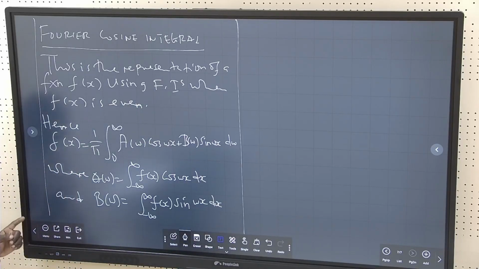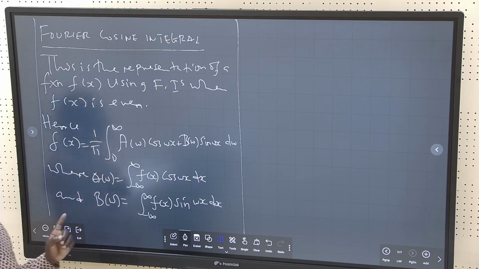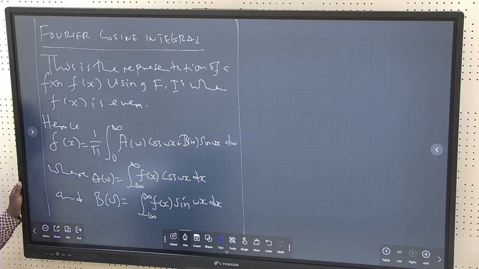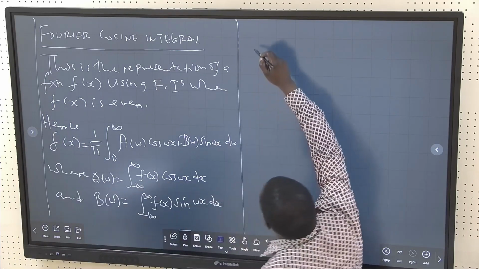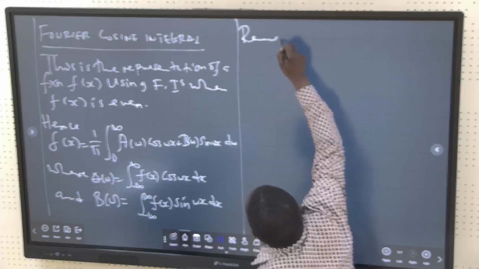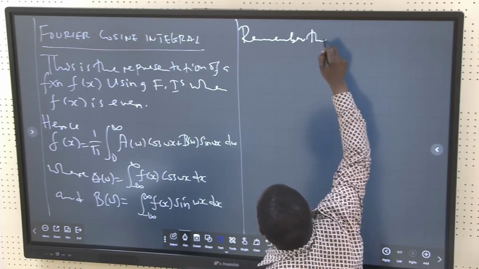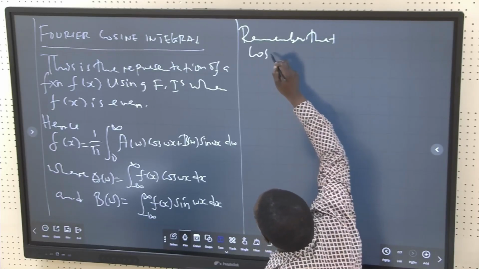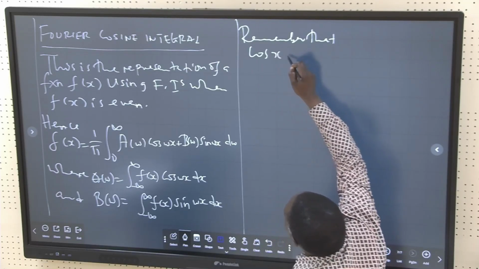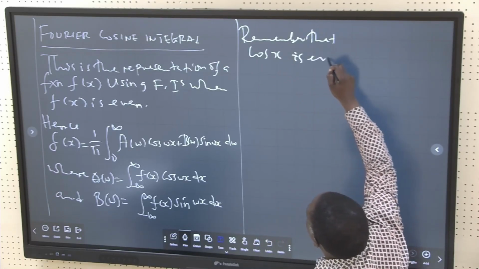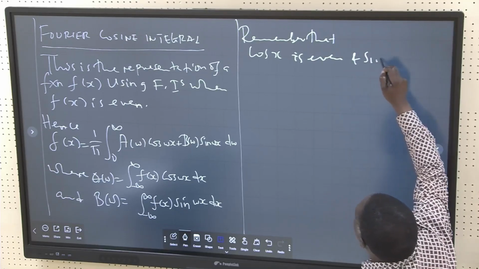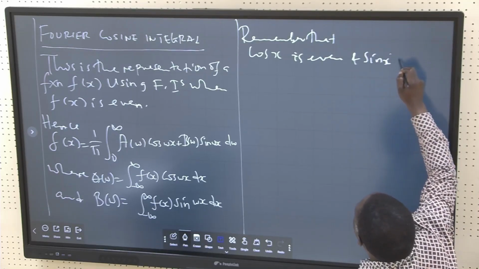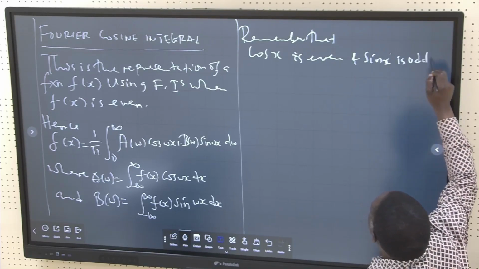Now, if f of x is even, you remember the behavior of even and odd functions when multiplied by another function. Cosine is an even function, and sine x is an odd function.